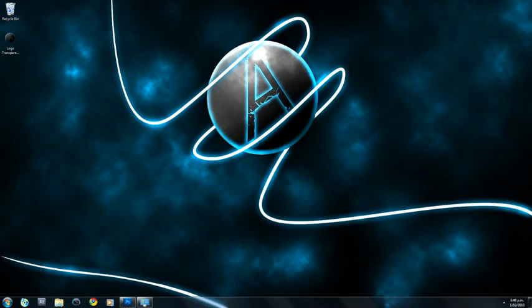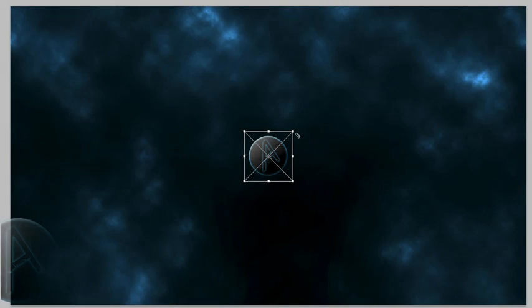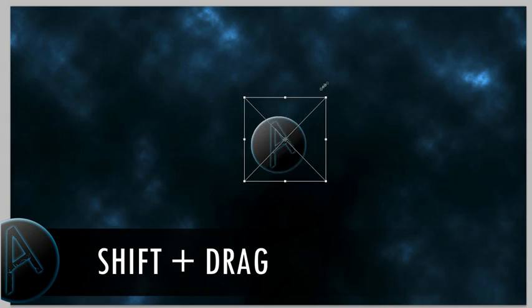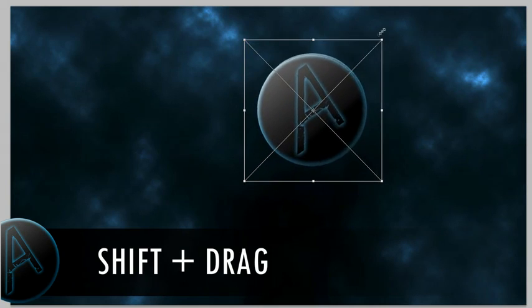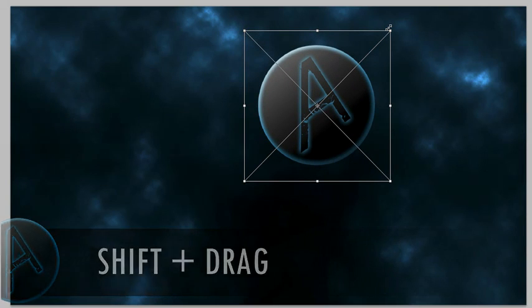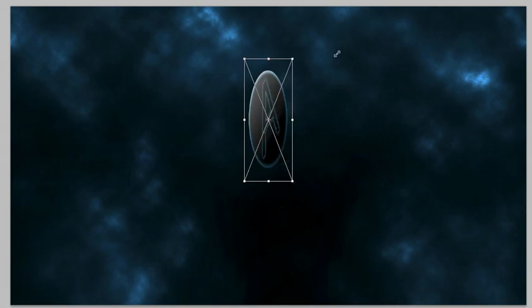And then what I'm going to do is drag in my logo here, so drag that into Photoshop. Then I'm just going to hold down Shift and drag that out by the right outer edge, and by holding down Shift it's just going to maintain the aspect ratio, so it's not going to look too fat or stretched.